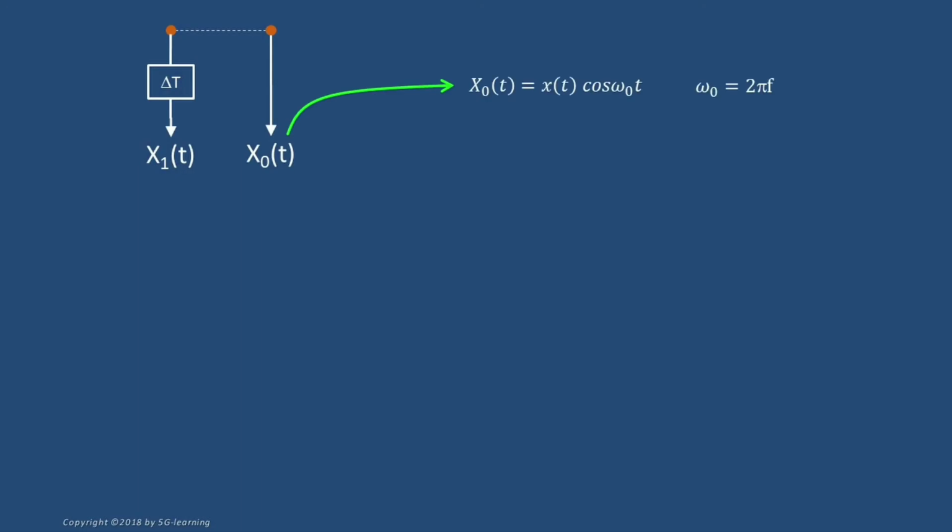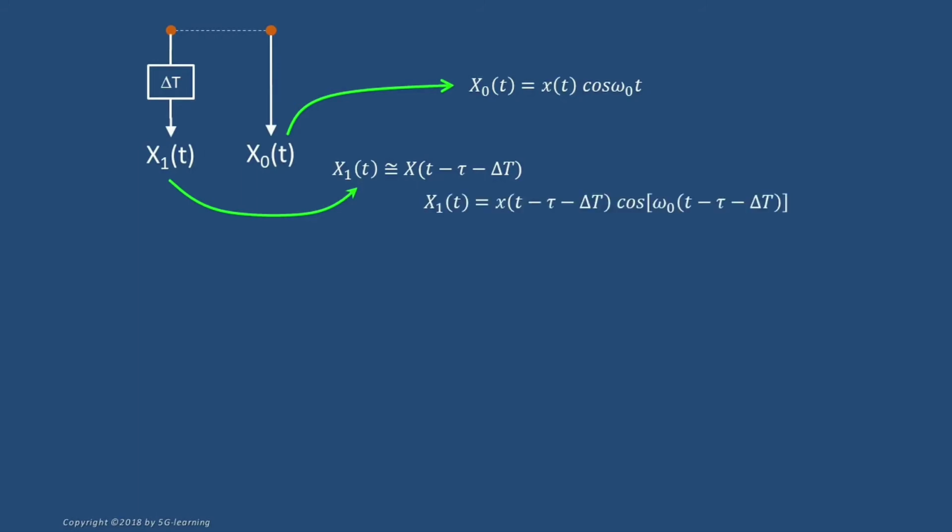In mobile communication systems, we deal with modulated sinusoidal waves, so X0 may be expressed as x of t multiplied by the cosine of omega 0 t. The signal produced at element 1 is affected by two delays, tau due to the angle of arrival theta and delta t corresponding to a delay that we arbitrarily apply to the signal received by this element.